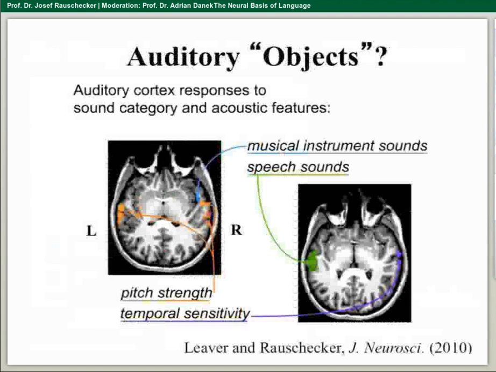There's another region that likes the musical instrument sounds. We did not find particularly specialized regions for animal calls. Why? Probably because it's not as important for us as speech is, or because the cells are more distributed, or because our method is not sensitive enough.